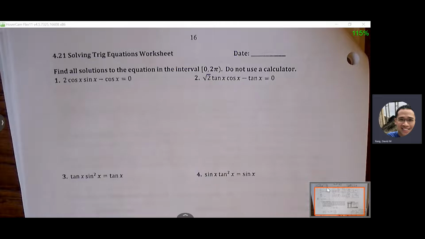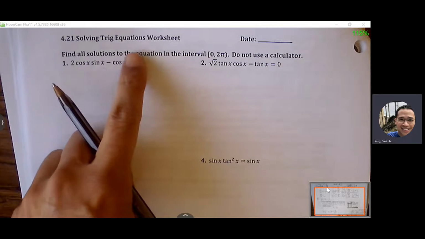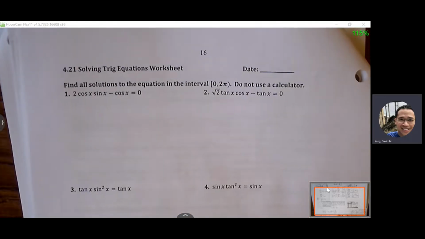Okay, so starting with number 1. It says find all the solutions to the equation on the interval from 0 to pi. So again, page 16.